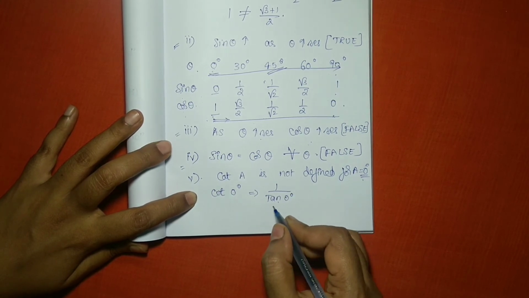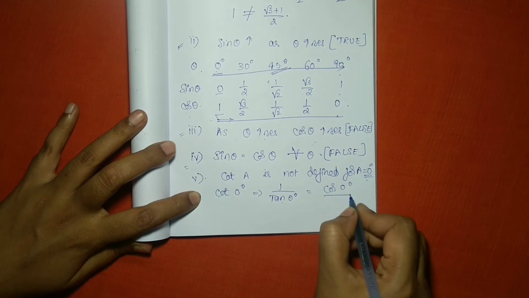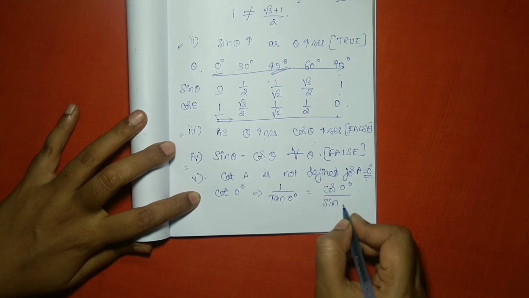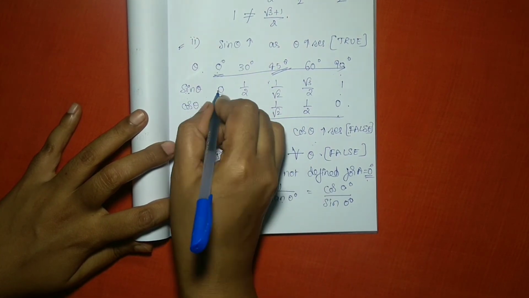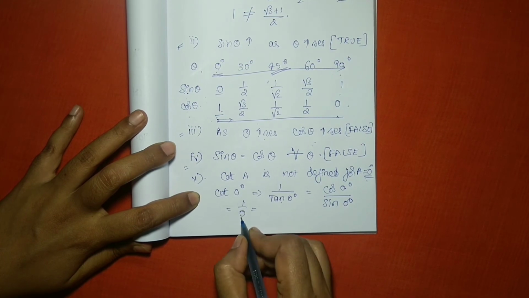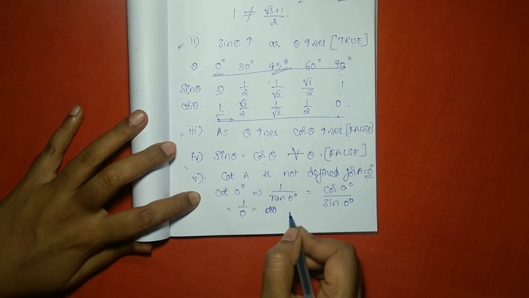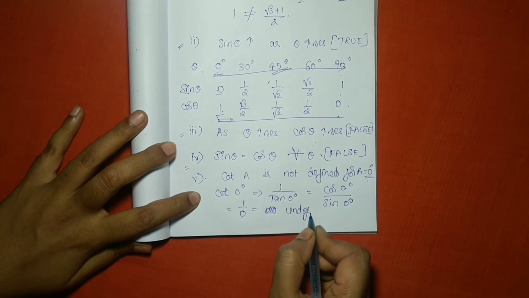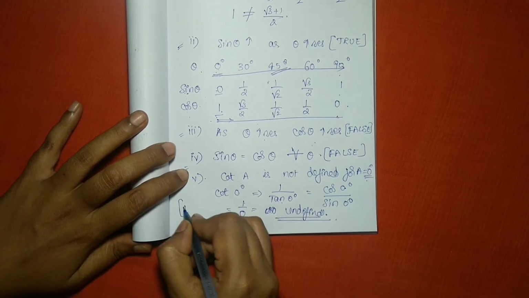Tan means sine by cos, so cot is cos by sine: cos 0 degree divided by sine 0 degree. So cos 0 is 1 and sine 0 is 0. So 1 by 0, anything divided by 0 is undefined. So the given statement is true.